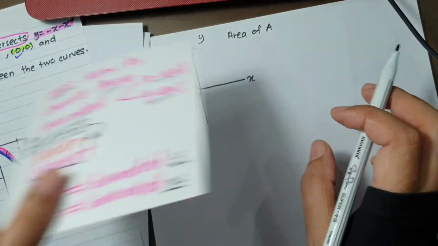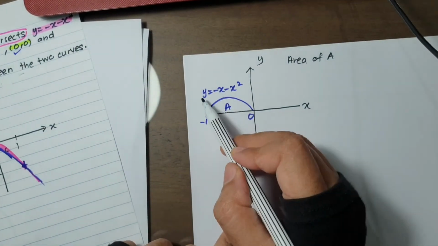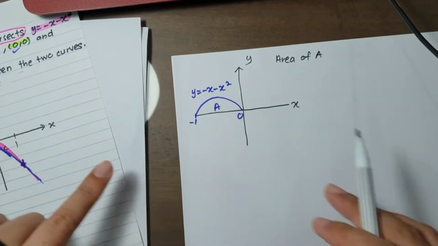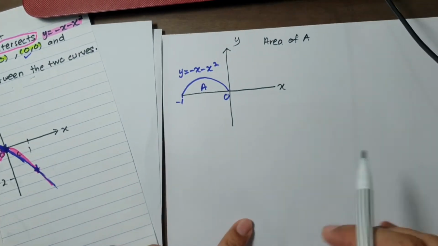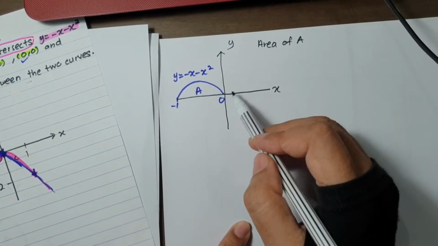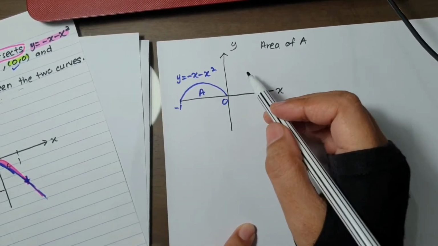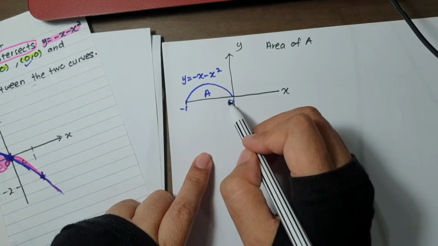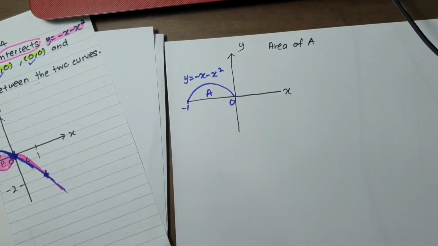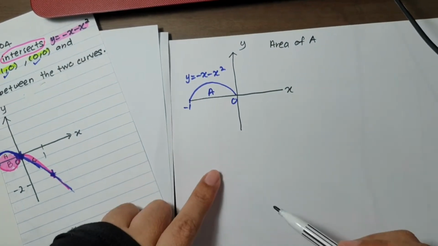In this case, of course y as your subject, so the area is bounded by the x-axis. Once the area is bounded by the x-axis, the limits must be on the x-axis. So which region?